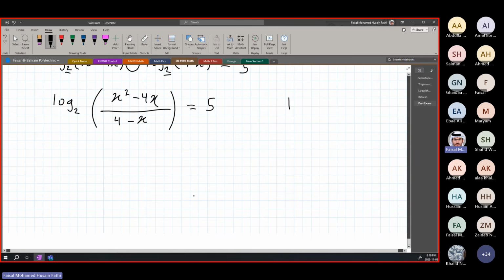Remember when I told you log base 10 of 10 to the power of 3 gives you the answer 3. It gives you the exponent 3 for a base of 10. How do we solve this?